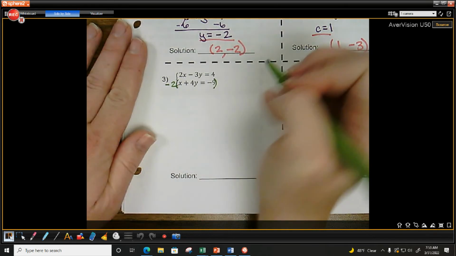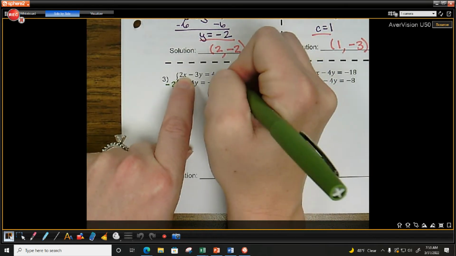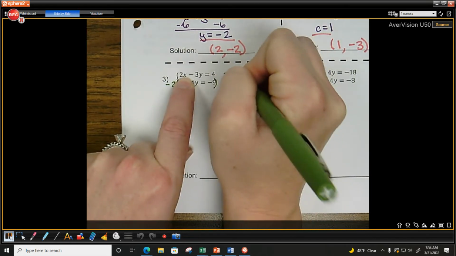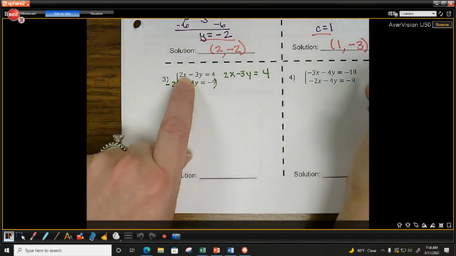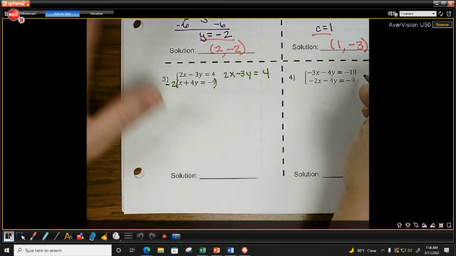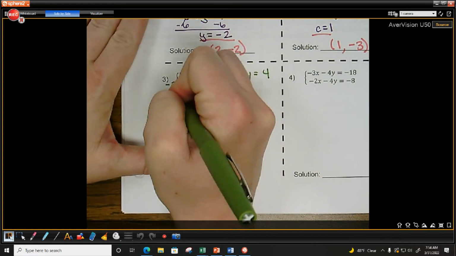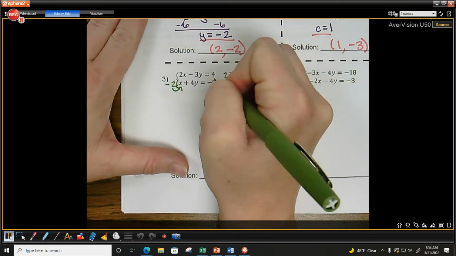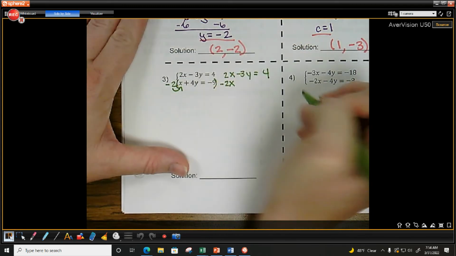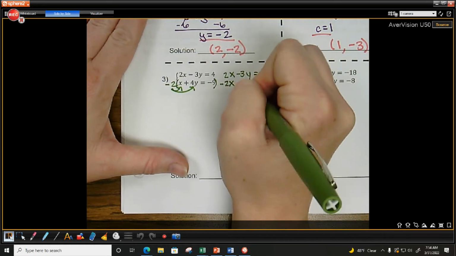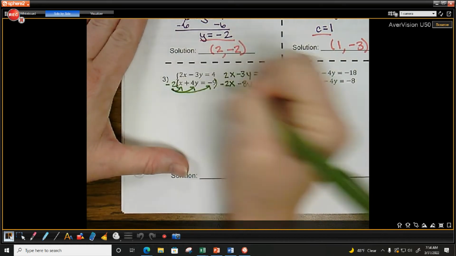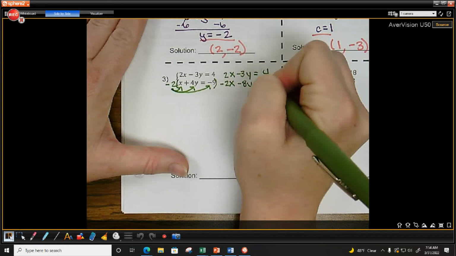I'm going to rewrite my top equation over here just because I want them to be stacked on top of each other. But I didn't change it, so I just rewrote it exactly as is. Now the second equation, I'm going to distribute that negative 2. Negative 2 times x, negative 2x. Negative 2 times 4y, negative 8y. Negative 2 times negative 9, positive 18.